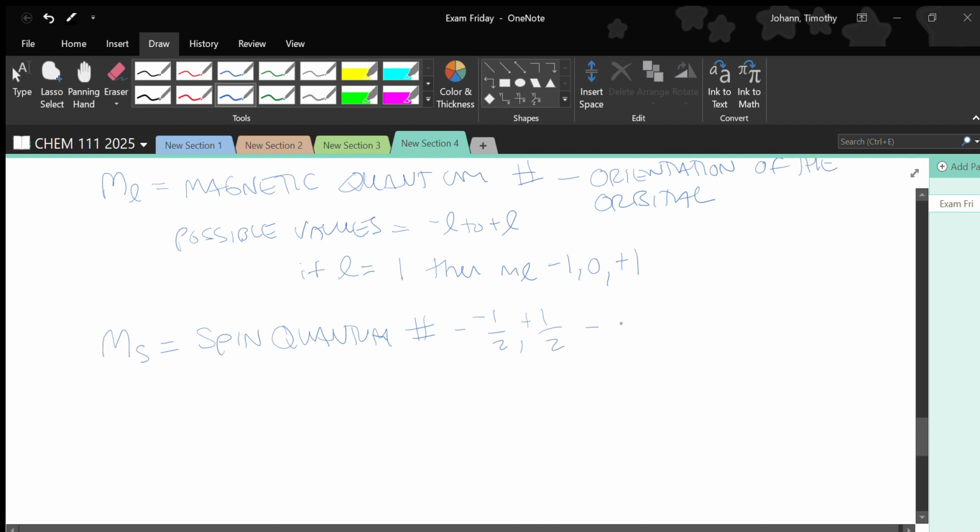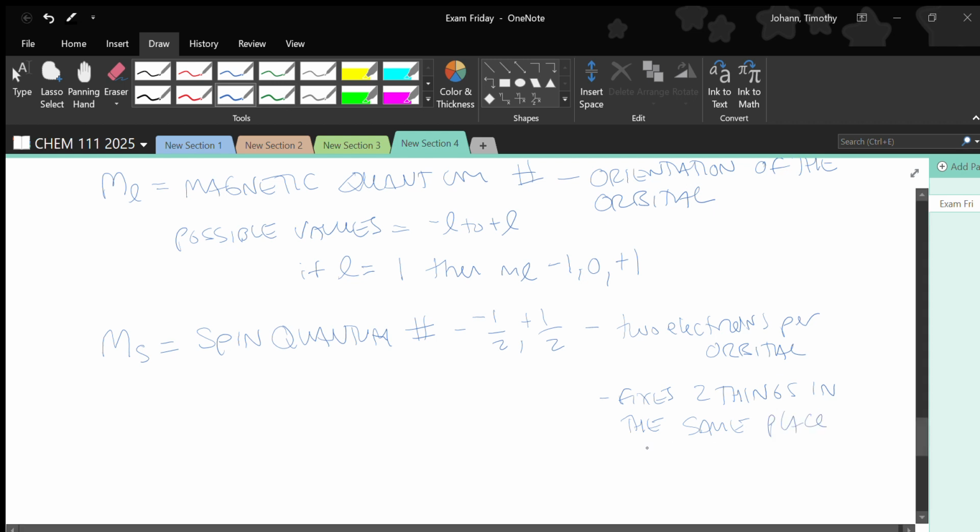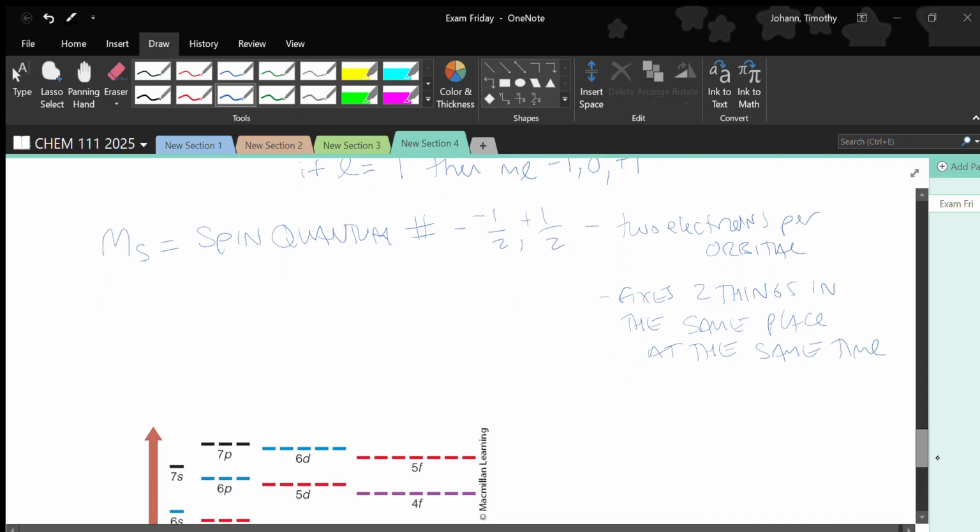Okay, so 2 electrons per orbital. And what this is doing is it fixes 2 things in the same space at the same time. Questions?